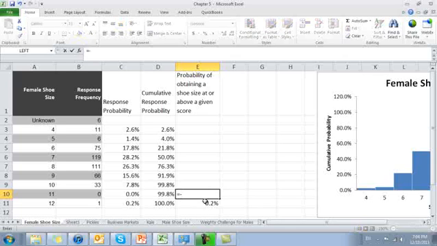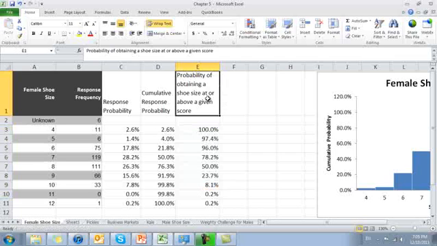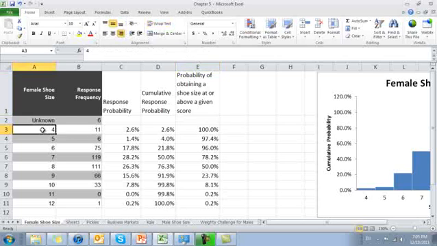So this one would be 0% plus what was below it. I can just copy and paste that all the way up. So the probability of obtaining a shoe size at or above a given score goes in reverse. 100% of the people have a size 4 or higher, but only 2.6% of them have a size 4 specific.